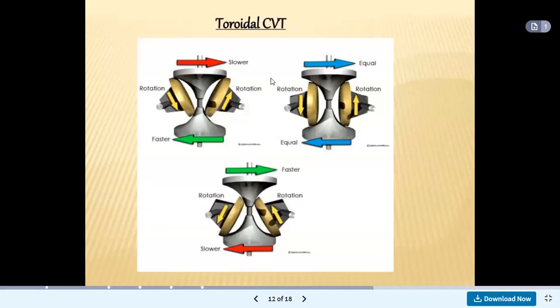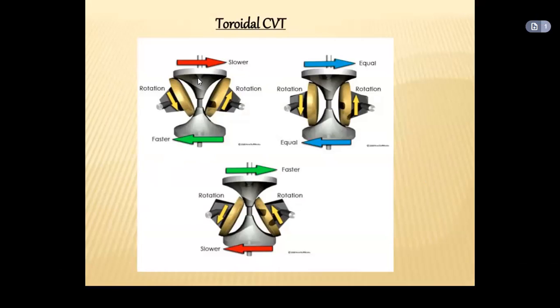If we see this toroidal CVT, this is the faster and this is the slower, and this is the rotation. Then as this is the faster, in the upward condition this is the slower condition.